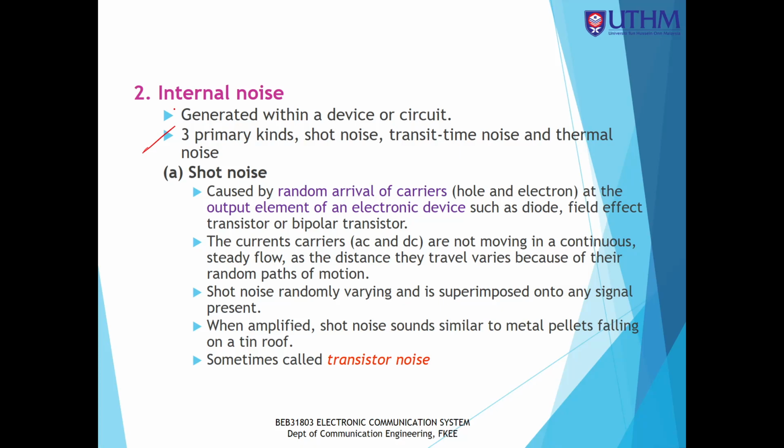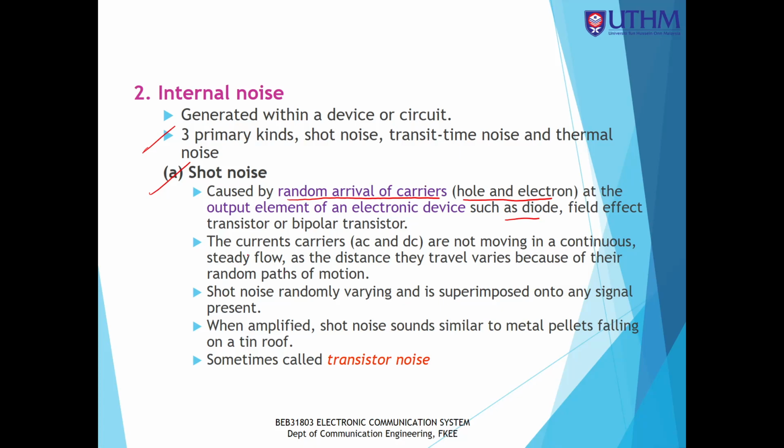For example, the first one, shot noise, is caused by the random arrival of carriers, which are holes and electrons, within the device, at the output element of an electronic device such as a diode, field effect transistor, or bipolar transistor. So this noise is generated due to the random arrival of carriers within the device.